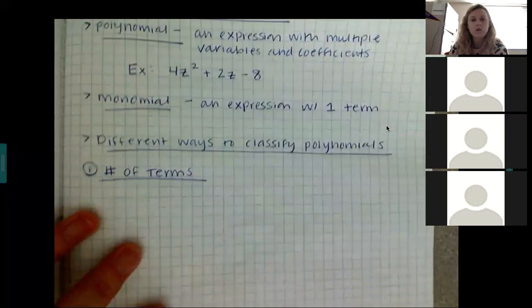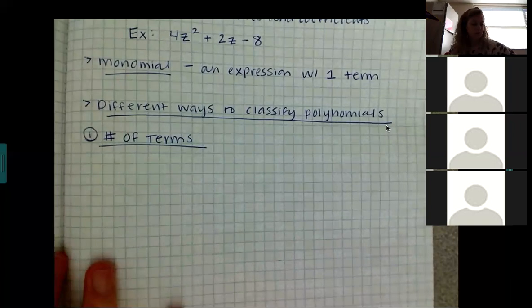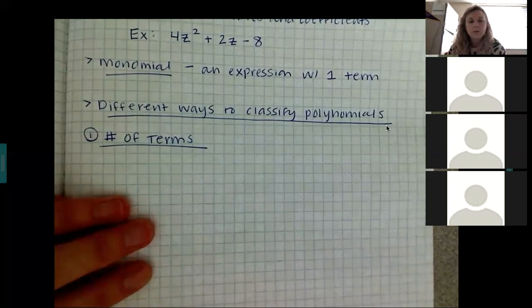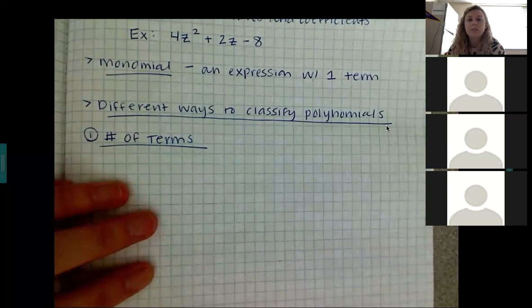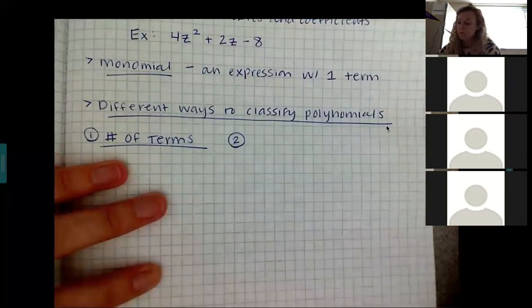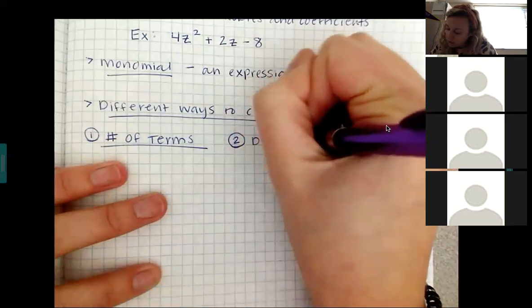And I'm gonna make a little chart if that's okay with y'all, because a lot of you have shown me that you're visual learners, which is awesome. We're gonna make a chart. So the first way we can classify a polynomial is by the number of terms it has. The second way we can classify a polynomial is by its degree, which we'll talk about what a degree is in a minute.